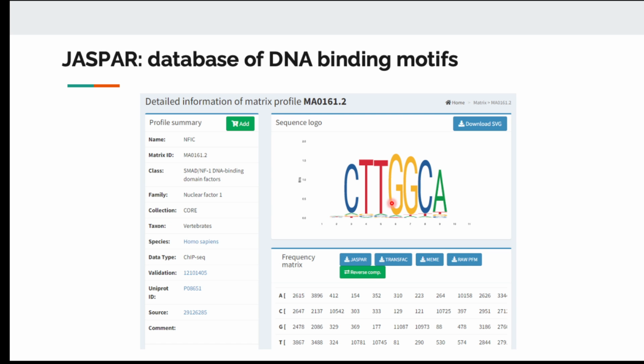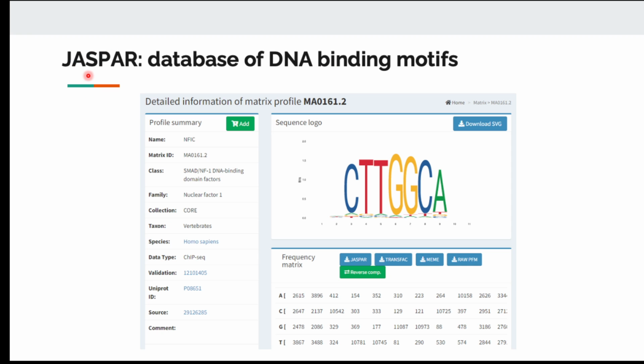In another situation, you might have a DNA sequence of interest. You might get it from a ChIP-seq, and you want to know if in this ChIP-seq region there is a binding site for a certain transcription factor. In order to know if your sequence contains a transcription factor binding site, you need to know the binding motif.